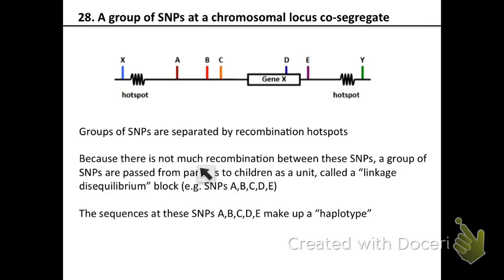Because there is not much recombination between these SNPs, A, B, C, D, and E, they are passed from parents to children as a unit, which we call the linkage disequilibrium block. Okay? And the sequences at these SNPs, A, B, C, D, E, make up a haplotype.